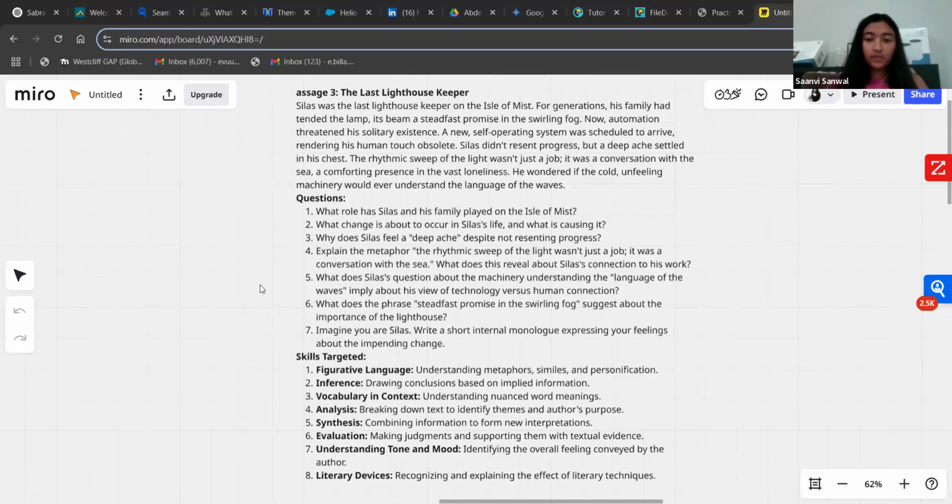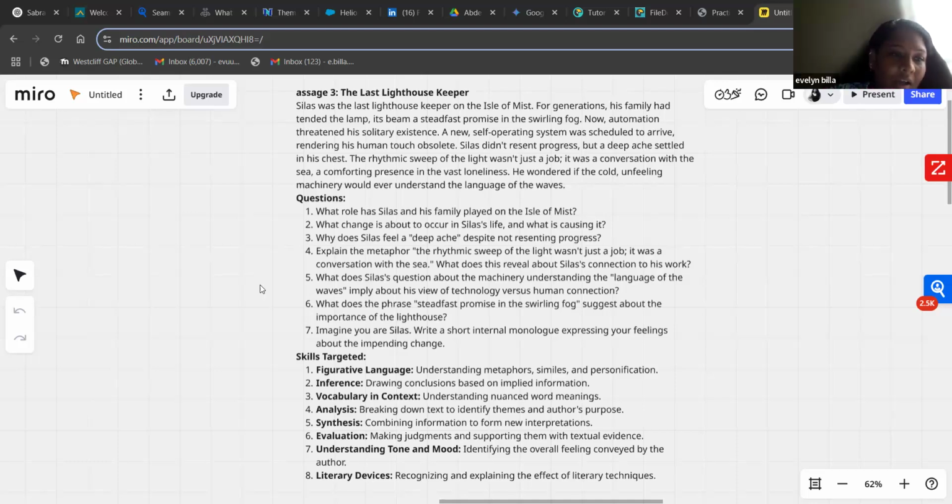The metaphor, the rhythmic sweep of the light wasn't just a job, it was a conversation with the sea. It reveals about Silas's connection to his work, that he's really empathetic and really cares for his job and has a personal connection with the sea and has conversations with the sea.